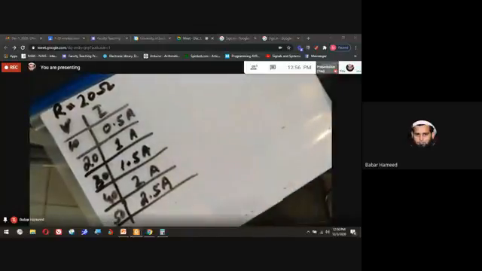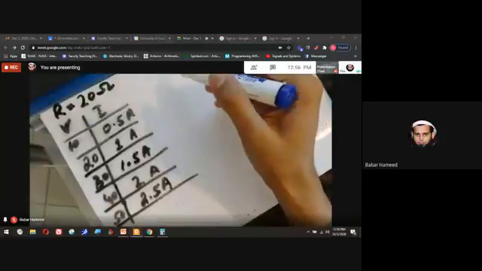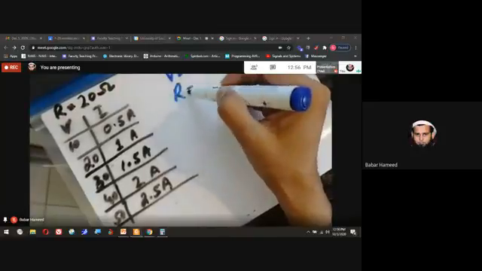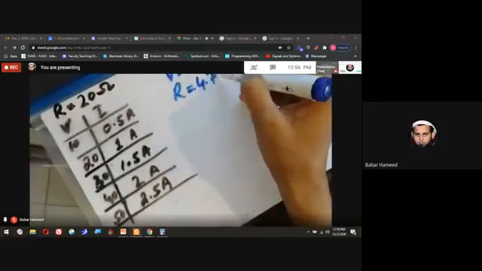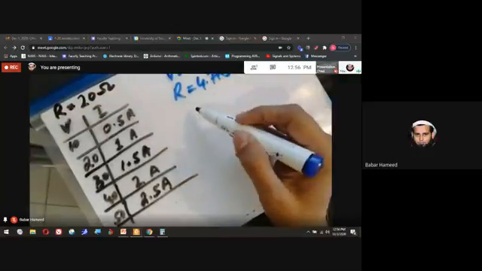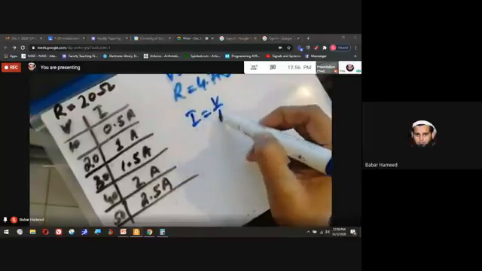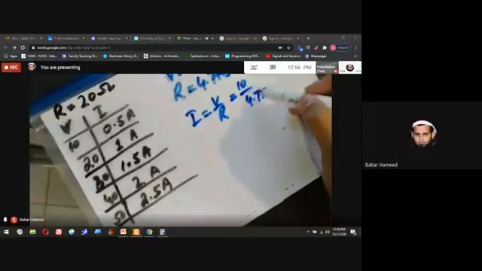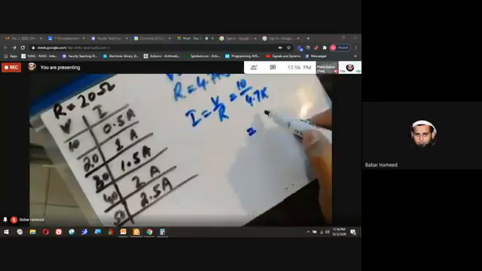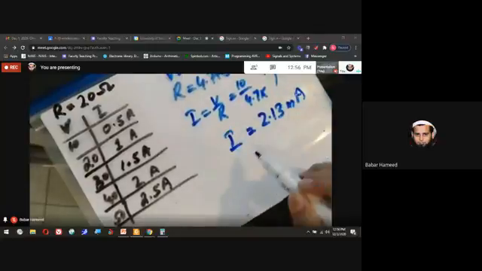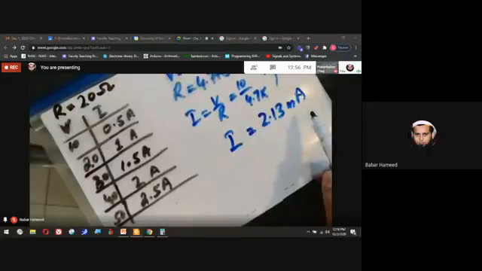If the voltage applied is 10 volt and resistance is 4.7 kilo ohm, how much current would there be? Current I is equal to V over R, 10 over 4.7 K. 10 divided by 4.7 is 2.13, and K becomes milli. So the unit of current is ampere. I is equal to 2.13 milliampere.